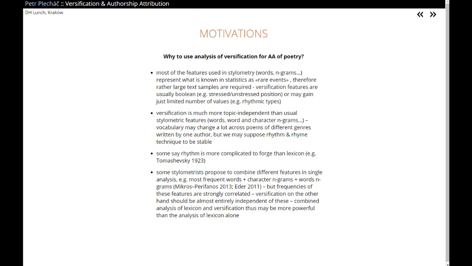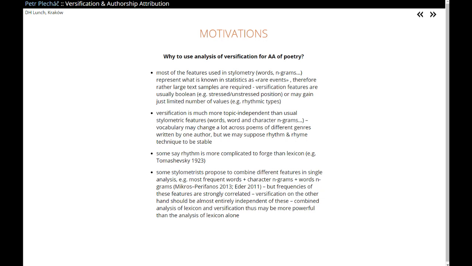But even if we are working with Spanish poetry, which like Polish poetry is syllabic, it brings a really huge amount of information. So these features are usually Boolean or may gain only a limited number of values, such as types of rhymes, for instance. There are a few types of rhymes which a rhyme can be.